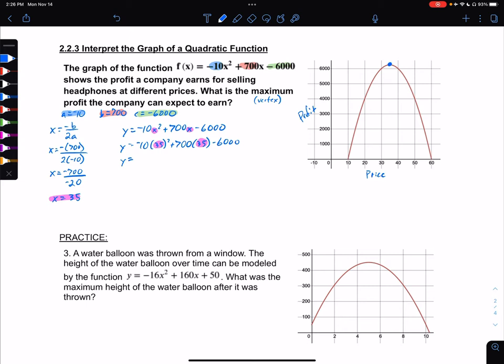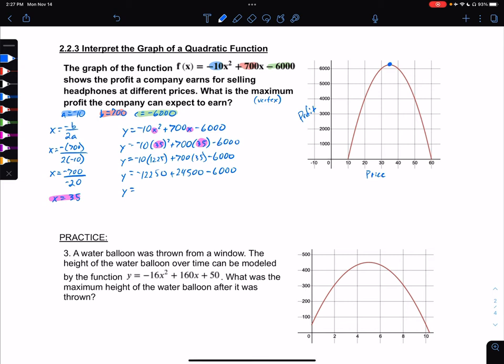So we're going to follow our order of operations, which tells me to do 35 squared first. So we get negative 10 times 1,225 plus 700 times 35 minus 6,000. I'll now multiply, so I get negative 12,250. 700 times 35 is a positive 24,500, and then we're going to subtract 6,000.